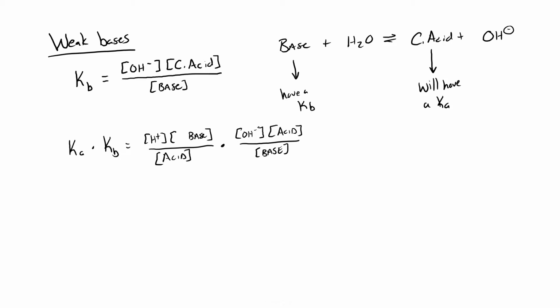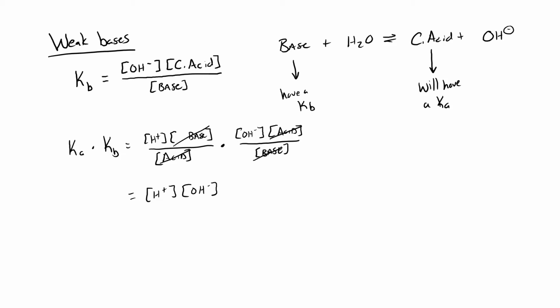I'm just going to say acid and base, because the conjugate acid in the Kb expression is the acid in the Ka expression. And so if we look at this, we can start crossing stuff off, because we have a base in the numerator, a base in the denominator, an acid in the denominator, and an acid in the numerator. So what we get is Ka times Kb is the concentration of H+ times the concentration of OH-. And what is that value?